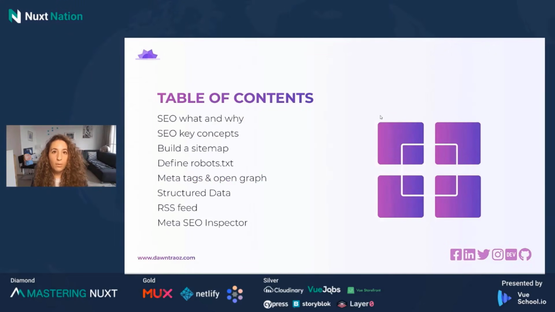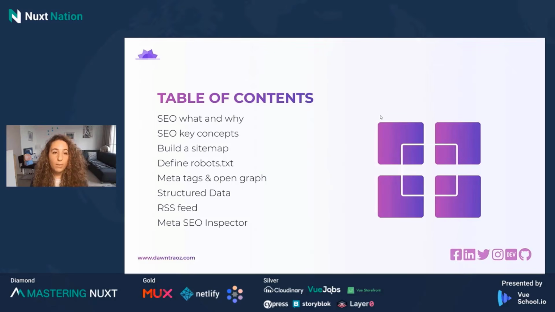So the first thing I want to show you is why SEO and why it's important in our application, the key concepts behind it, what we need to do in order to have a good SEO. And then we will see how to build a sitemap, how to define a robots.txt in our project, also what meta tags and Open Graph we can use.